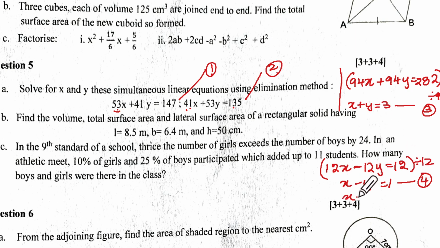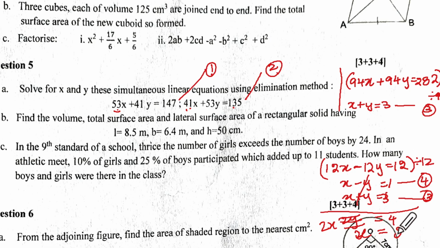Write these one below the other, and then you see how easy it becomes. Understanding? So you got 2x equal to 4. So x will be equal to 2.